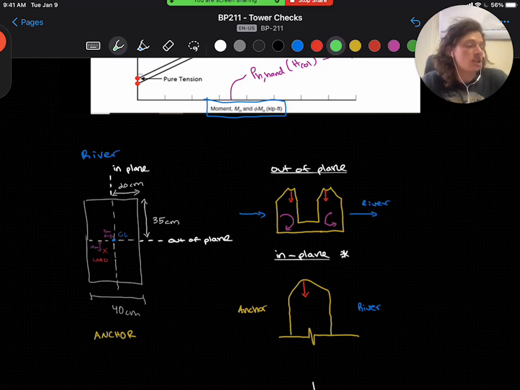The moment caused by the eccentric axial load that is deemed out of plane or parallel along the river will be ignored because of its relative magnitude to the combined in-plane eccentricity and moment due to friction. But if you wanted to, you could check this moment and flip the effective width and effective depth of the beam and check that the beam has adequate reinforcing bar to resist it.